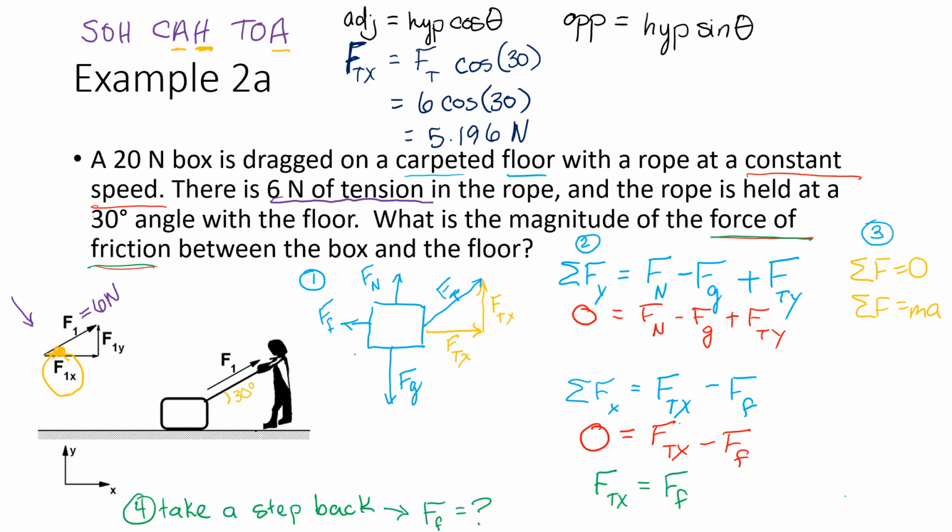Why did we do that? Because it's the same as the force of friction. So are we done? Yeah. For this one? Yeah. We're done. Ta-da! And we can round it. For our final answer, it would be about 20 newtons.